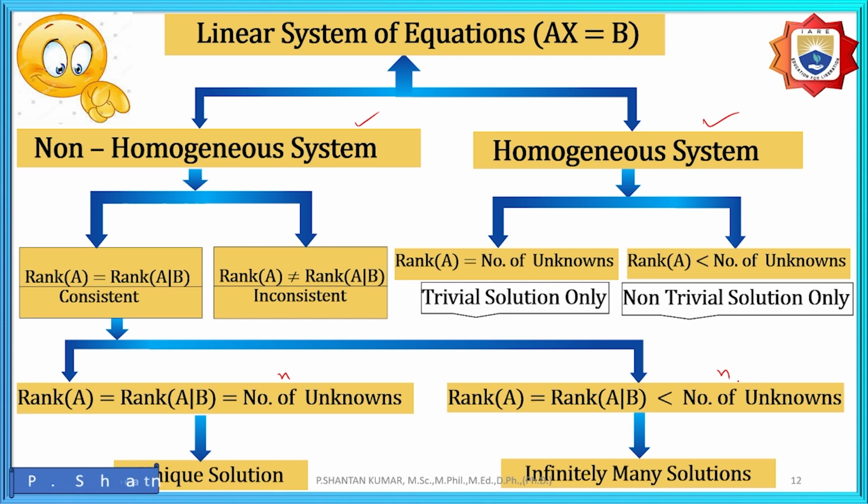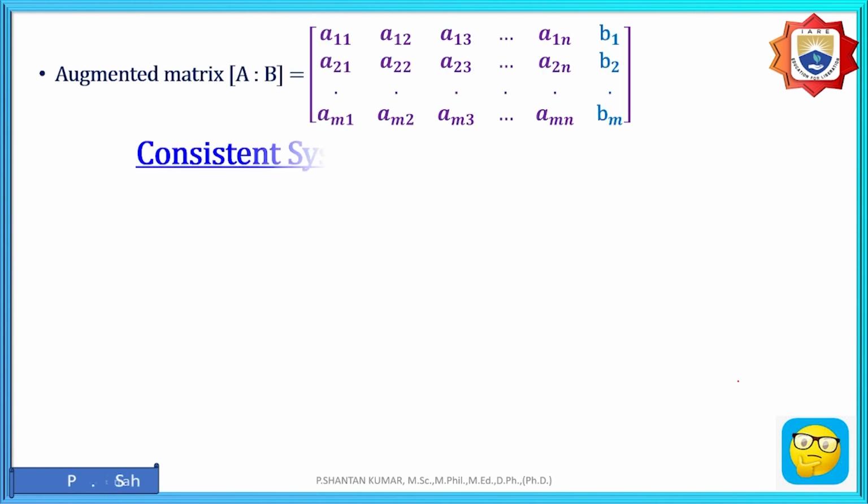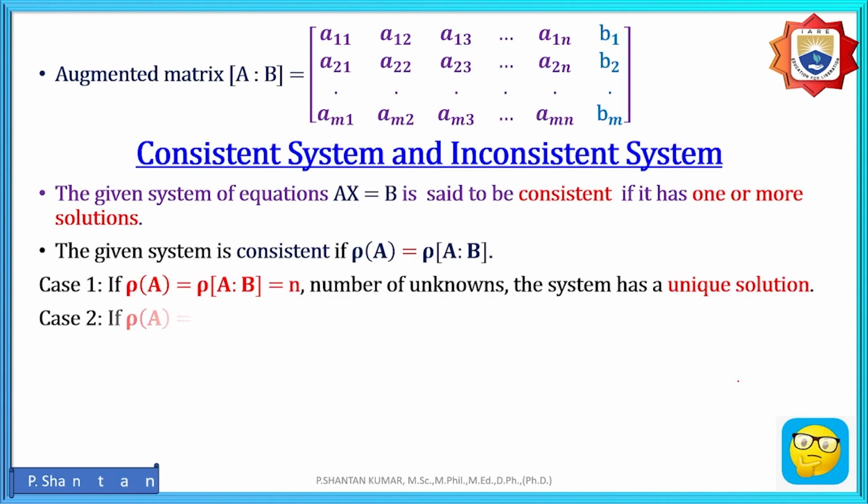We need to understand clearly, based upon this flow chart, how to identify the solution for a system of linear equations, like the non-homogeneous equations and also the homogeneous equations procedure. If you remember all these conditions, it is easy to understand, and that is the question bank based upon module 1. These are the conditions we need to remember according to the consistent case.